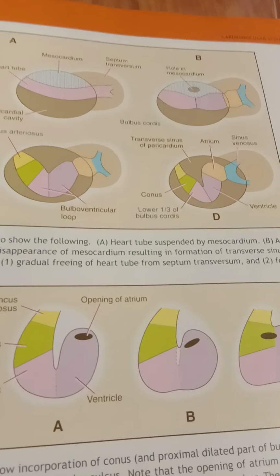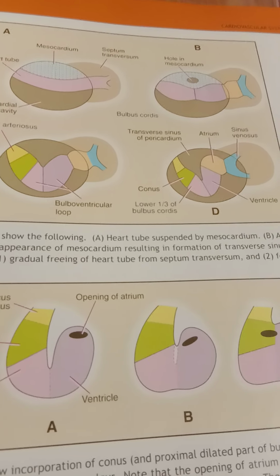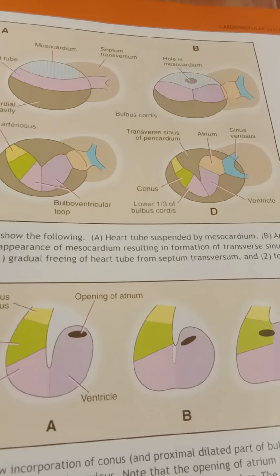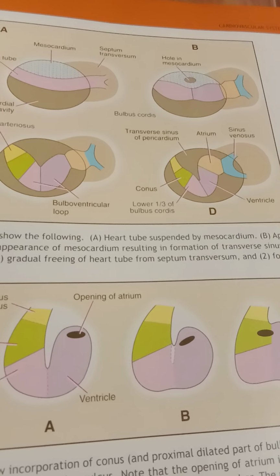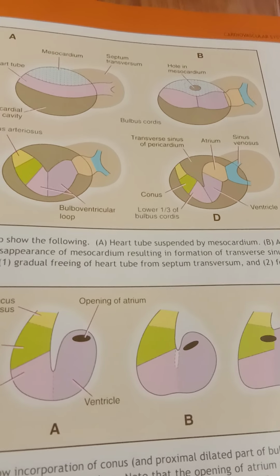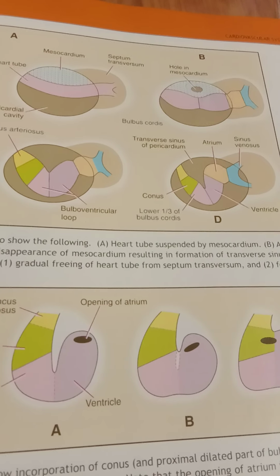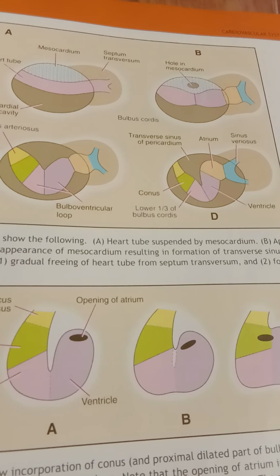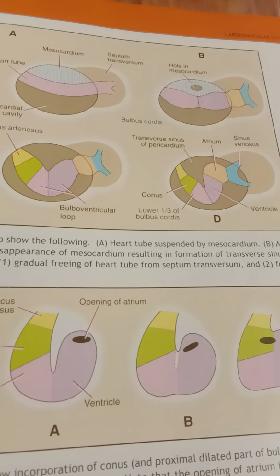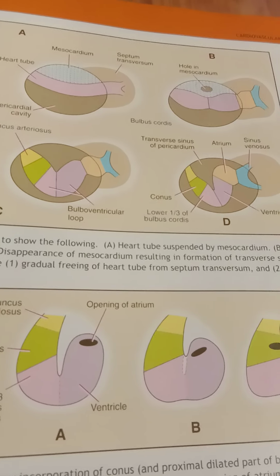Next, the S-shaped heart tube is formed, mainly by the bulbus cordis, and the ventricle are separated by the bulboventricular sulcus. So next it becomes shallower, and the conus is associated with the proximal bulbus cordis, and the ventricle come to form one chamber along with the truncus arteriosus.